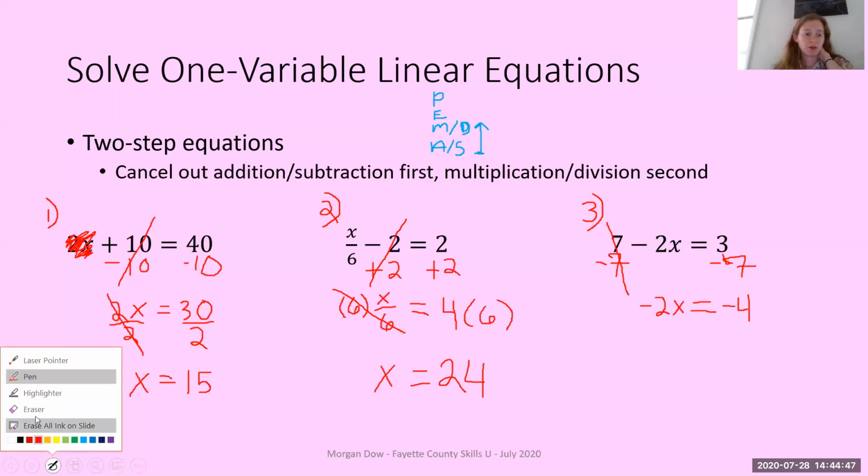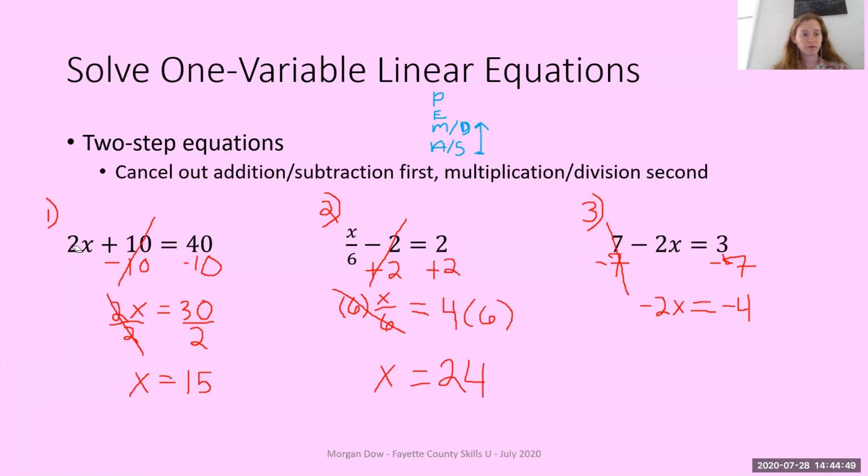In the second example, we have x over 6 minus 2. If we block out this x over 6, we just focus on the minus 2. Well, how do you get rid of negative 2? How do you make it go to 0? You need to add 2 to it. So we did plus 2.